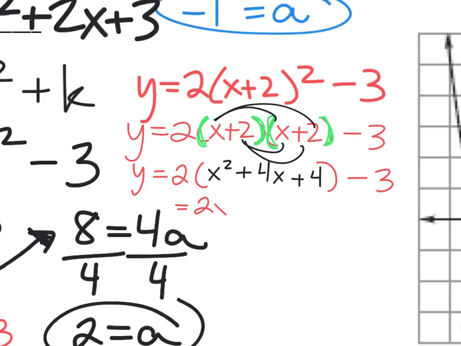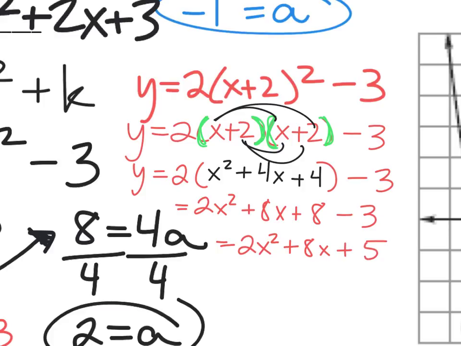So 2x squared plus 8x plus 8, still minus 3. And then the last thing we do is that subtraction with order of operations. So let's make that 2x squared plus 8x plus 5. You know that you did it right because you see that the y-intercept is 5.